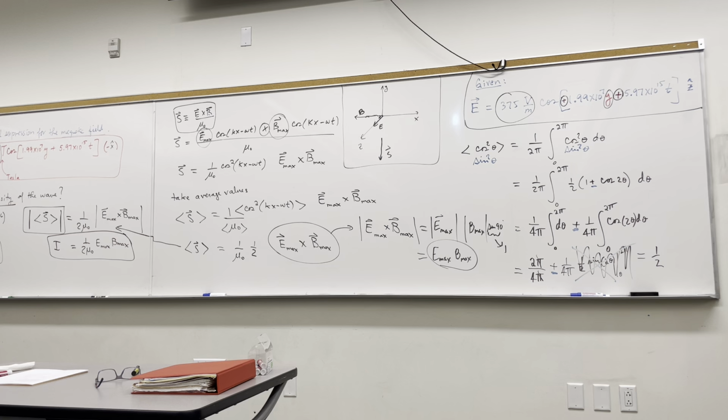And the sine of 90 degrees is 1. This is just the magnitude of the electric field vector, and this is the magnitude of the magnetic field vector times 1. So the magnitude of this cross product is this.